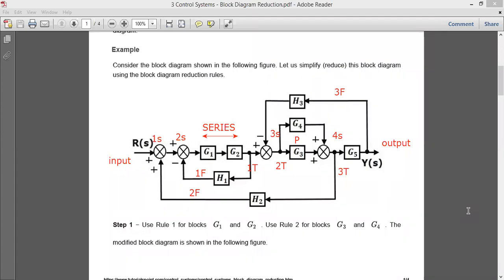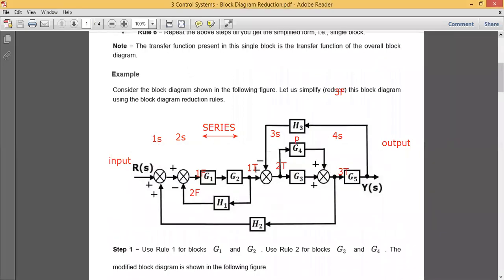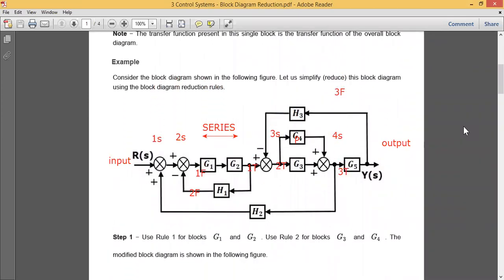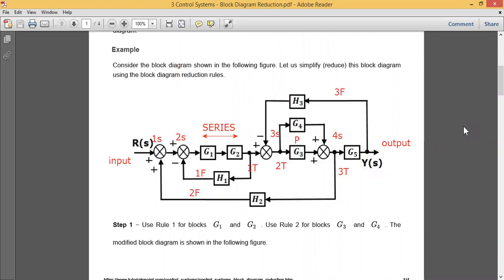Now after that you should come to the rules. The rules say, rule number 4 and 5: always the takeoff point should be at the left side, towards the Y(s) side, and always your summation points should be towards the R(s) side. That is what they are representing here.